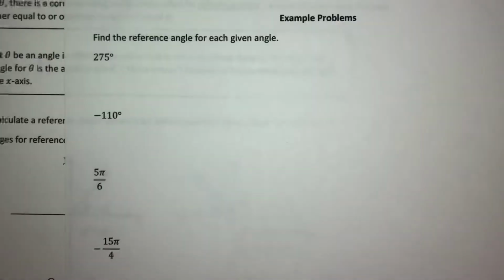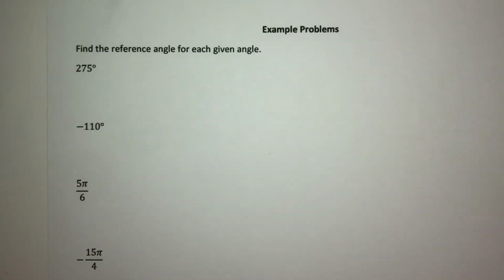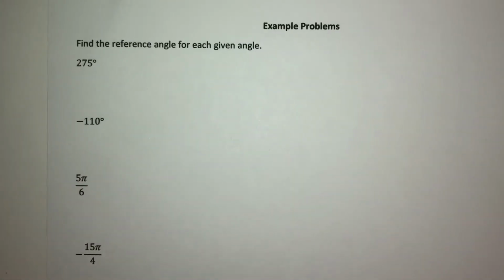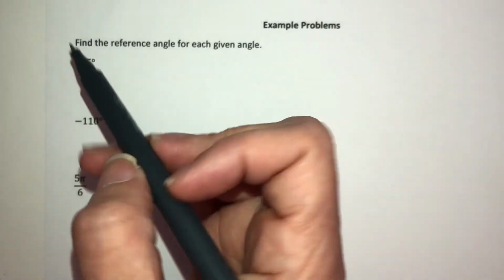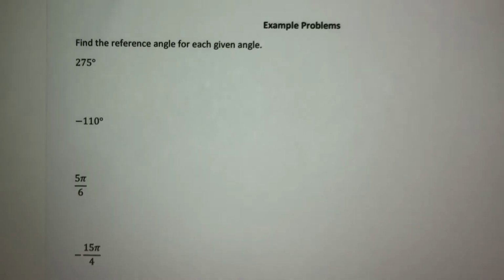So let's just calculate some of these. Find the reference angle for each given angle. The first thing we need to do is to figure out whether we are in degrees or radians, okay? And then we need to figure out which quadrant these particular angles would be in, okay?